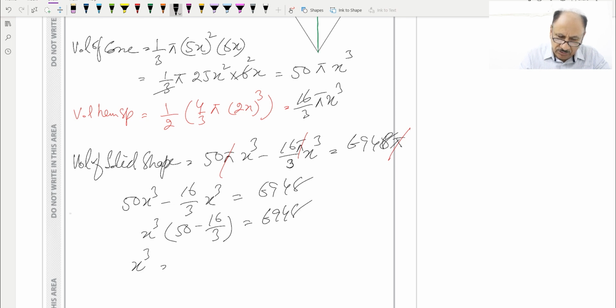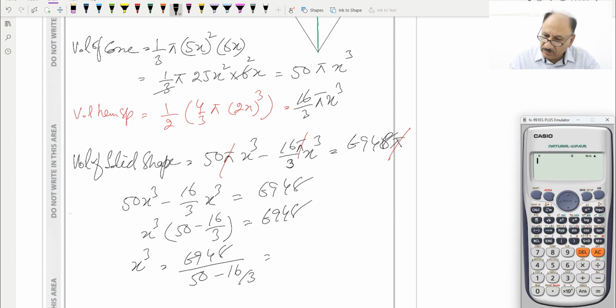So x cube is equal to 6948 over 50 minus 16 by 3, and this will give us 155.55.